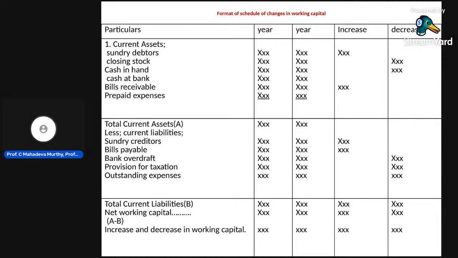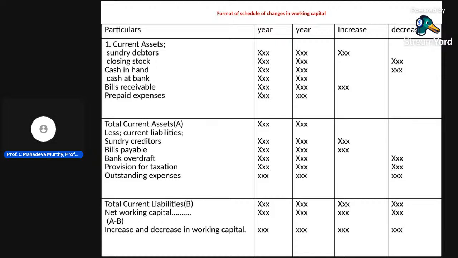The next step is the total of liabilities, B. The total of current assets is A and the total of current liabilities is B. Current assets minus current liabilities is equal to working capital, A minus B. With the help of the schedule of changes in working capital, we can find that current assets minus current liabilities is equal to net working capital.